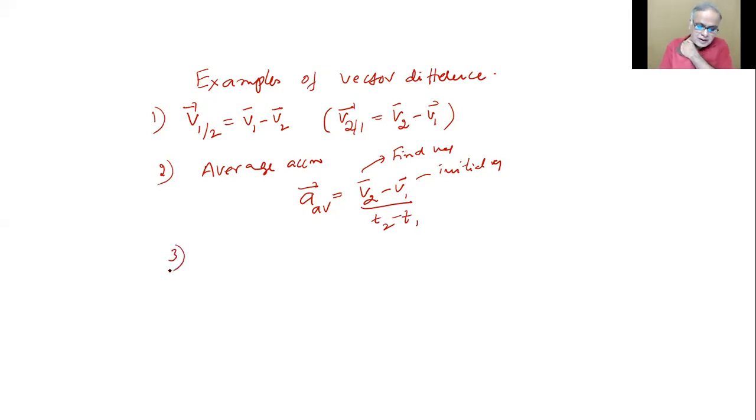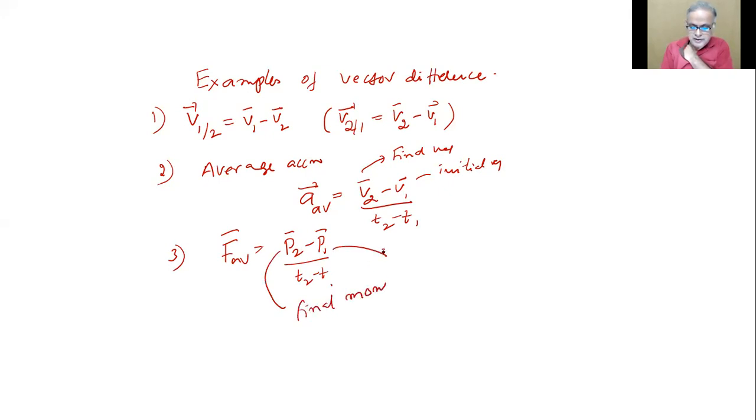Similarly, average force equals vector force, that is p2 bar minus p1 bar by delta t. Here p2 is what? Final momentum. P1 is initial momentum.